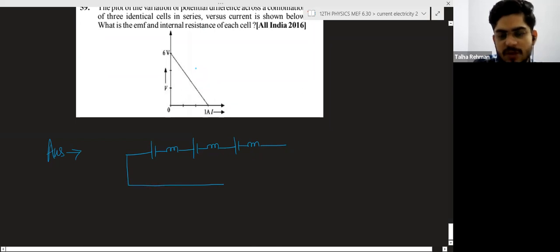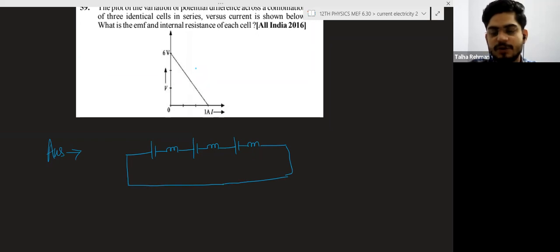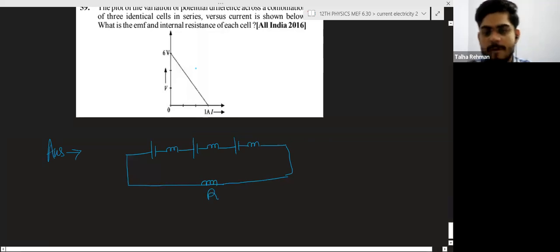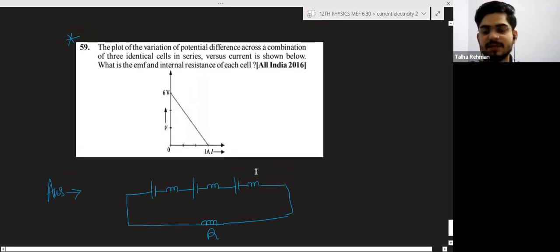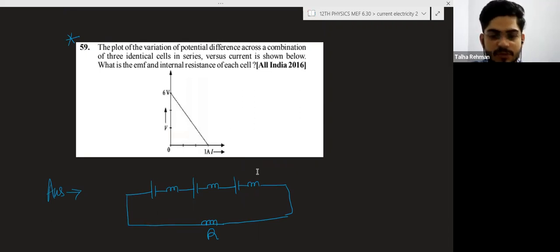And here suppose you can connect a resistance with this cell or not, it is not given, so I am not connecting. But you can connect an external resistance also, because if you are connecting a cell in the circuit, then definitely there will be some load, resistance also.